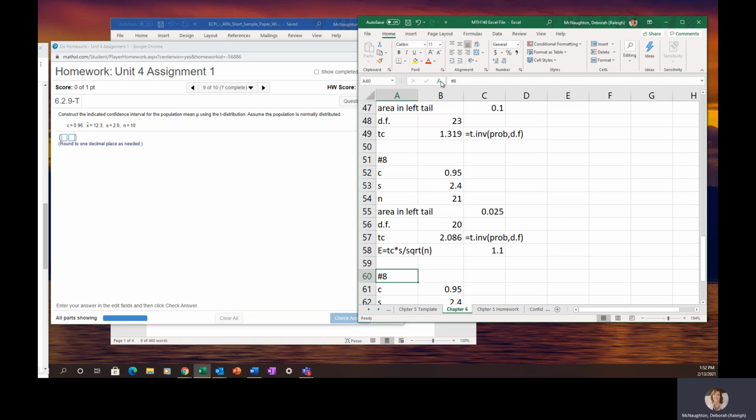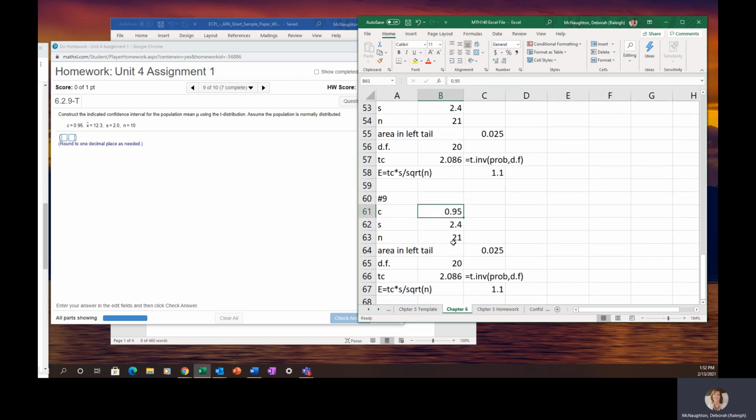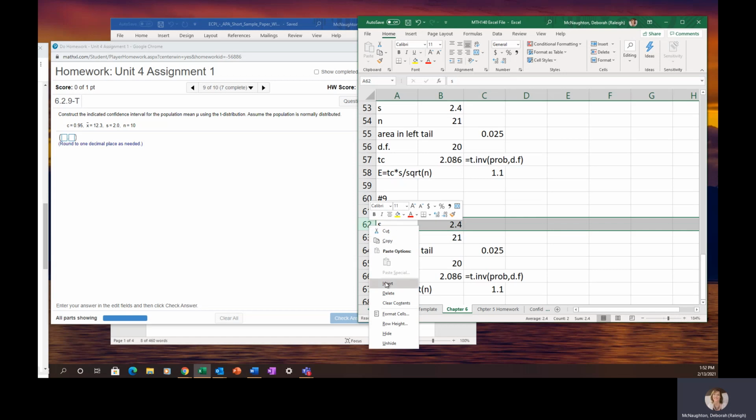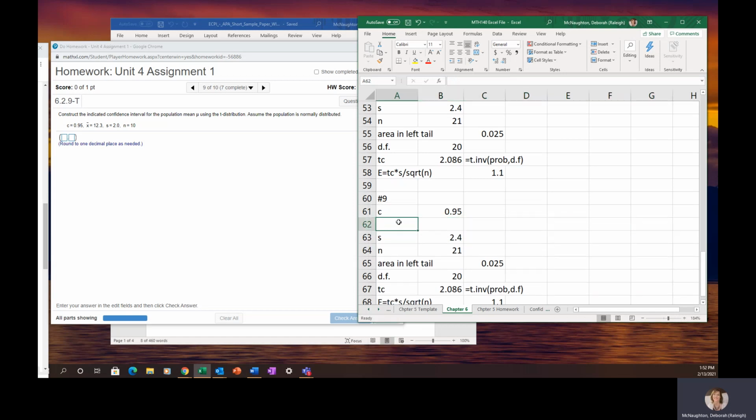Okay, so for number 9, we're going to now construct a confidence interval. So we need C 0.95. Oh, now I need X bar as well. So I'm going to insert a row here and add in X bar. And X bar is 12.3.